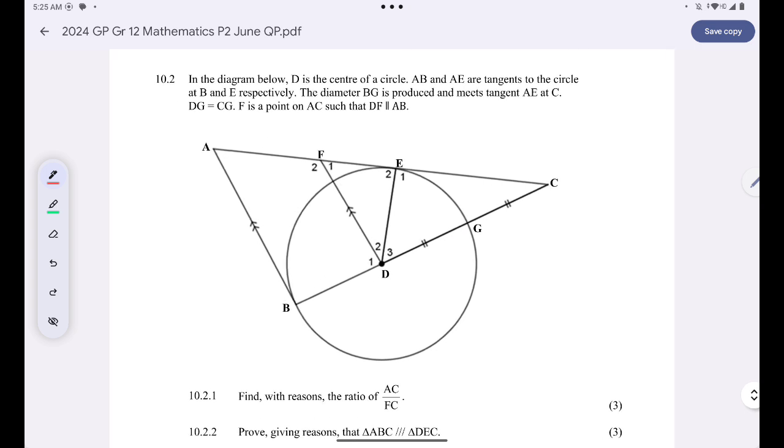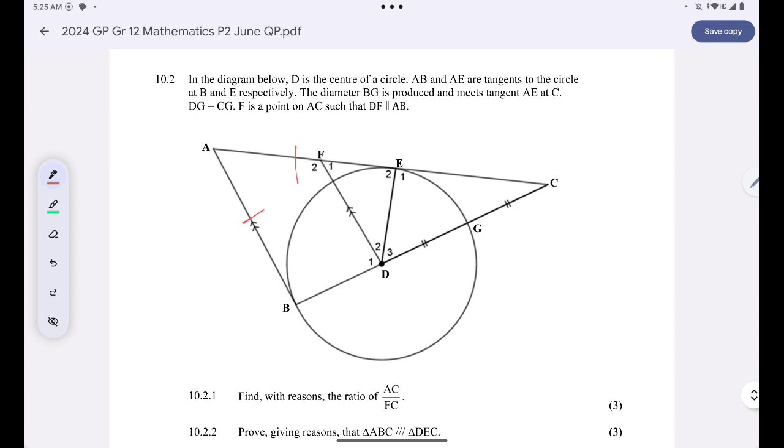In the diagram below, D is the center of the circle. AB and AE are tangents. Okay, we can see that these tangents come from the same point, so they're equal in length.